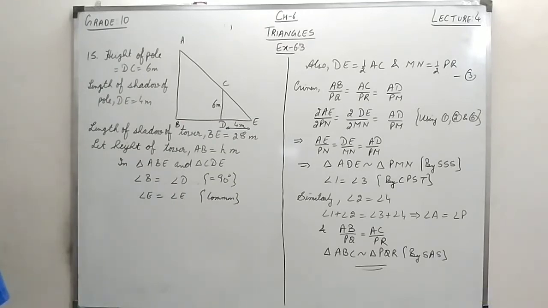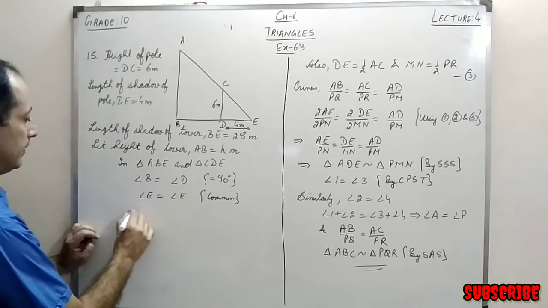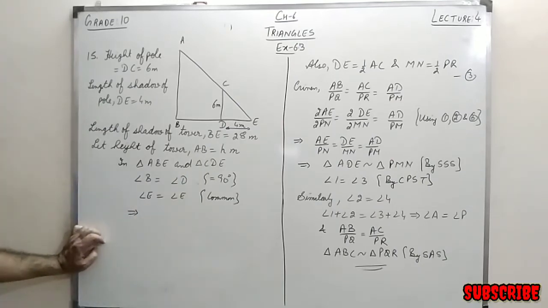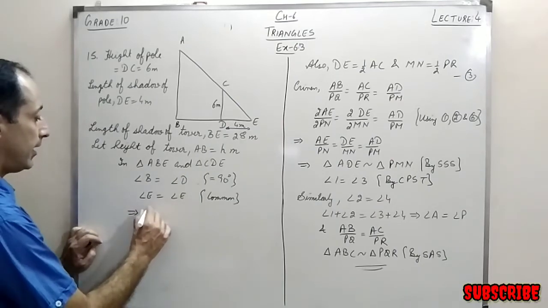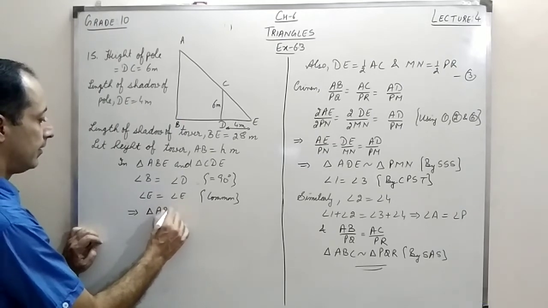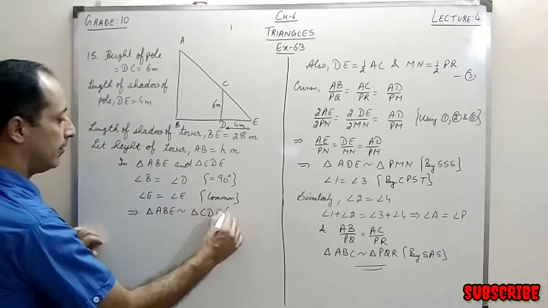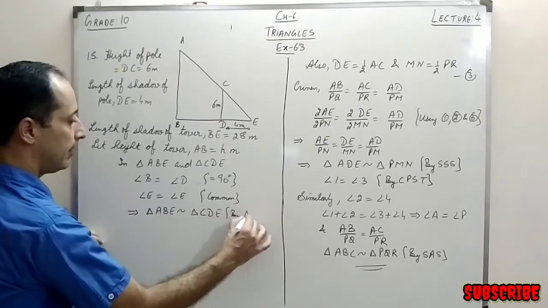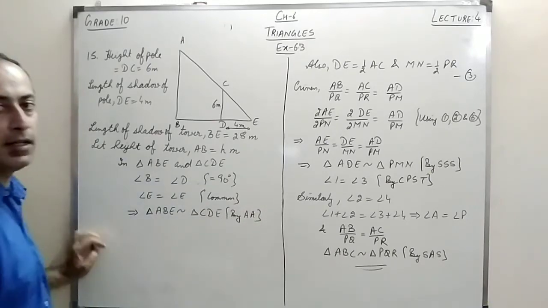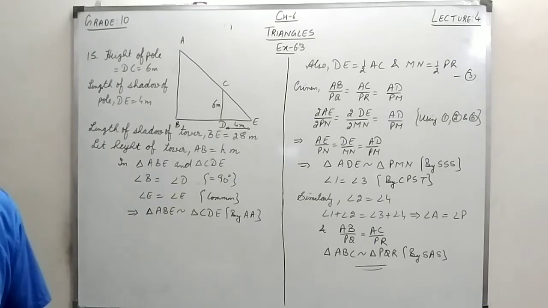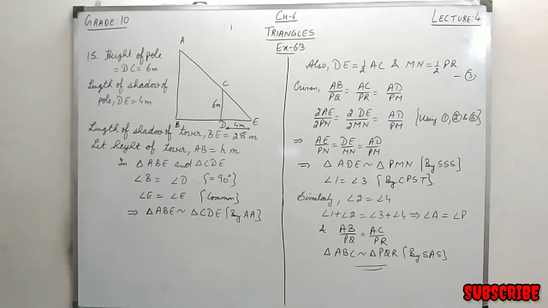Right? What is next? Next we say, since the angles are equal, so we can say triangle ABE is similar to triangle CDE by AA similarity. And when the triangles are similar, obviously the sides are in proportion.